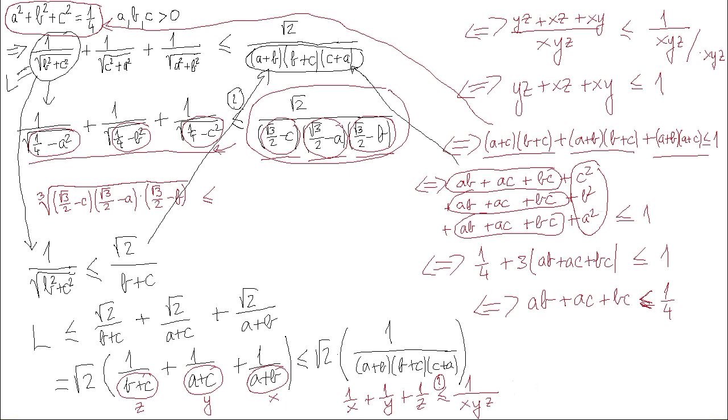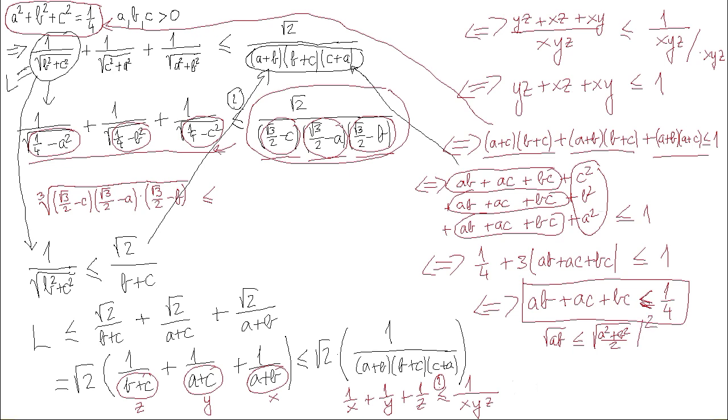Okay, so we need now to prove this. We know that square root of AB is less than or equal to square root of A squared plus B squared over 2, which is an inequality between geometric mean and quadratic mean.